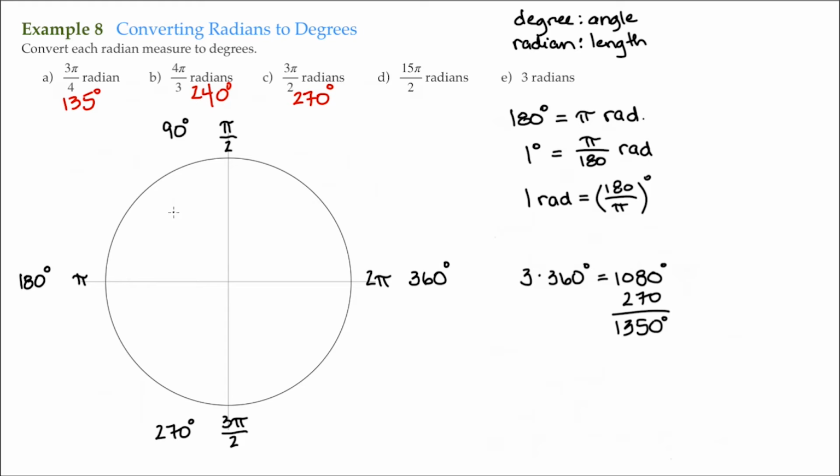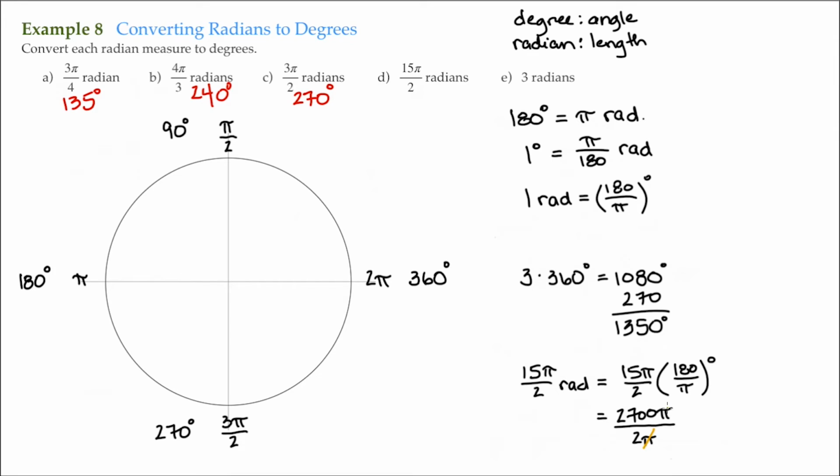But we could certainly do this algebraically. So we'll do 15 pi over 2 radian. That's going to be 15 pi over 2 times 180 over pi degrees. 15 times 180, that's 2,700 pi. 2 times pi, that's 2 pi.